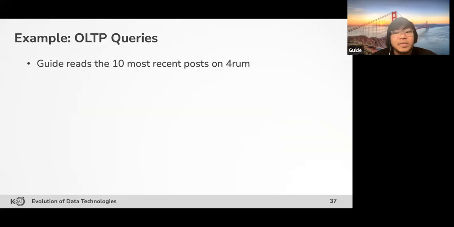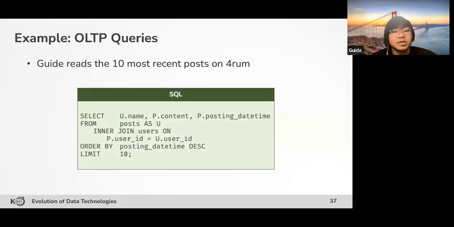Let's say Guide wants to read the 10 most recent posts on the forum. Trying to make it more fancy, our query has a join, right? Inner join. Here we also do order by and limit. These are still OLTP queries, right? We are talking about a very small piece of data, not a large piece of data.